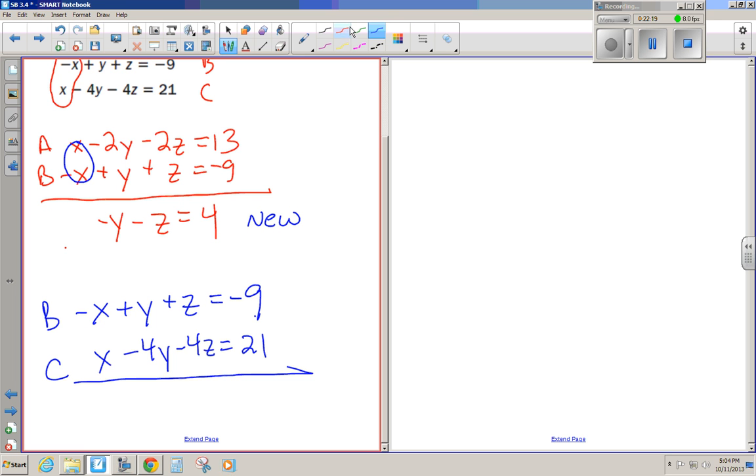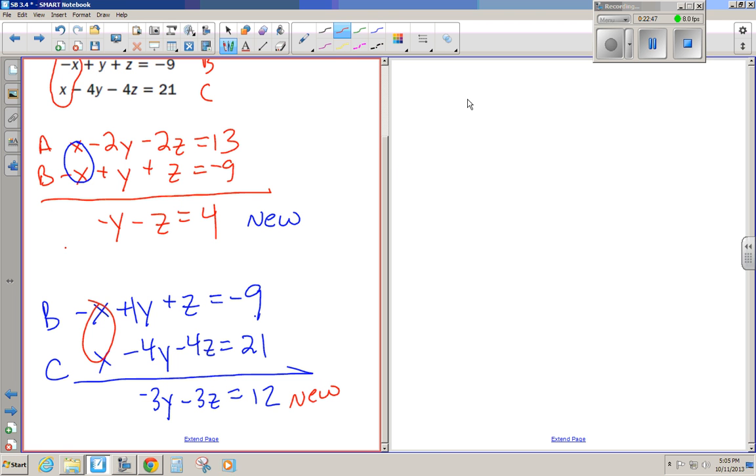So it becomes 0. 1y minus 4y, that's negative 3y. That's minus 3z equals 21 minus 9, that's 12. That is a new equation.